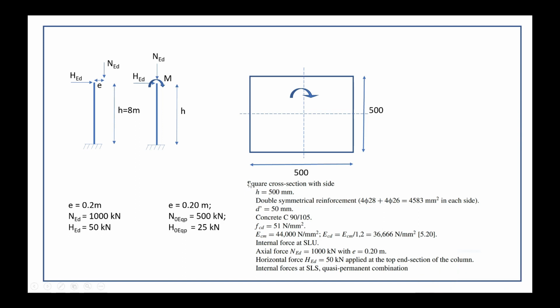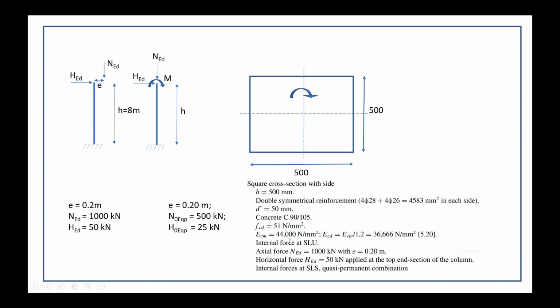Now you can read further information about the section and parameters: the square section, double symmetry reinforcement, and concrete strength. High strength, 90 cylinder, and fcd is the concrete strength multiplied by 0.85 for the UK national annex, and divided by 1.5, is equal to 51.